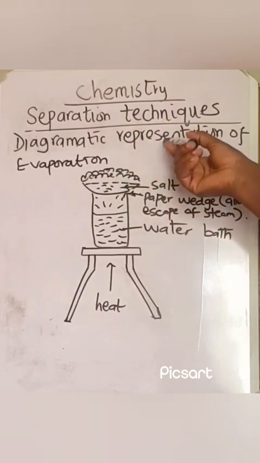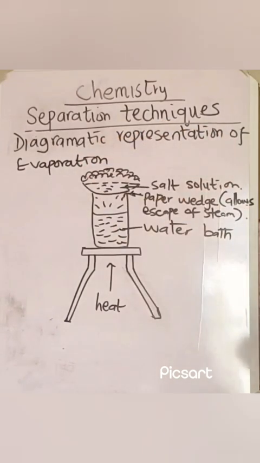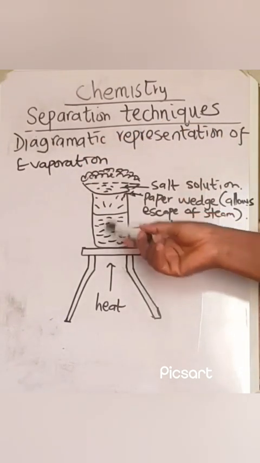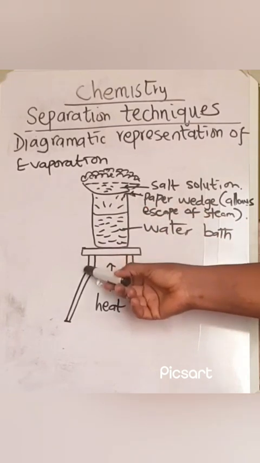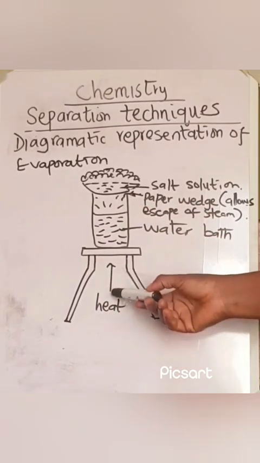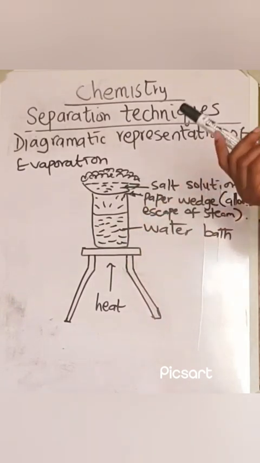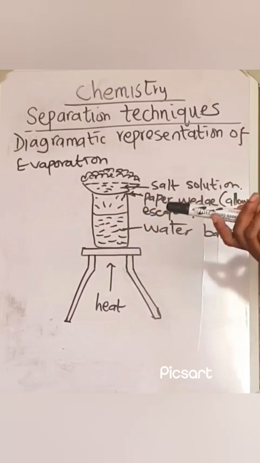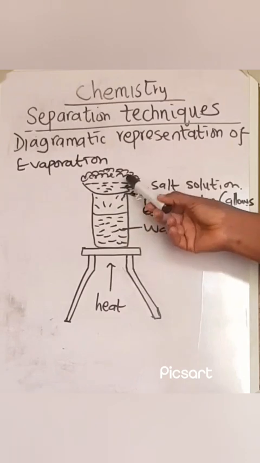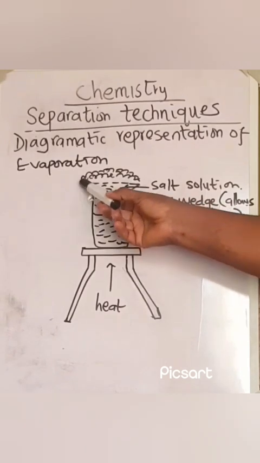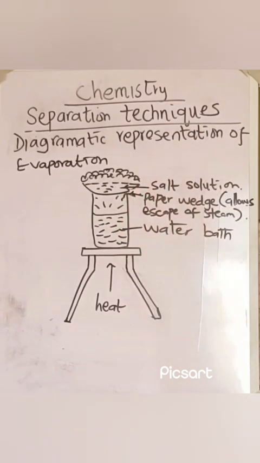Diagrammatic representation of evaporation. So this is the tripod stand. This is the heat being supplied. This is the water bath, or you can use a sand bath, whichever is available. Then this is the dish, the petri dish containing the salt solution.